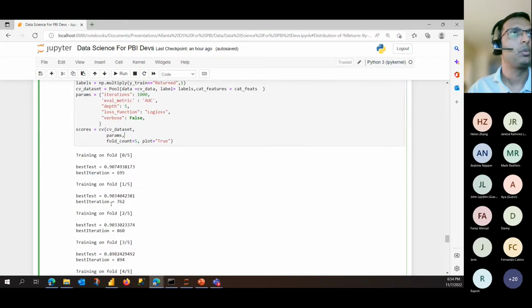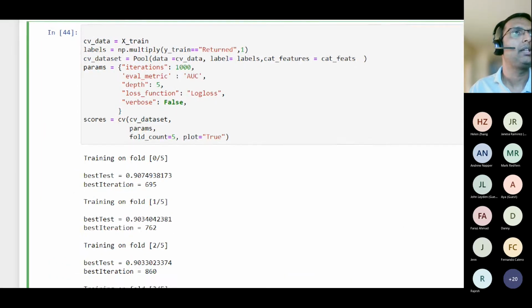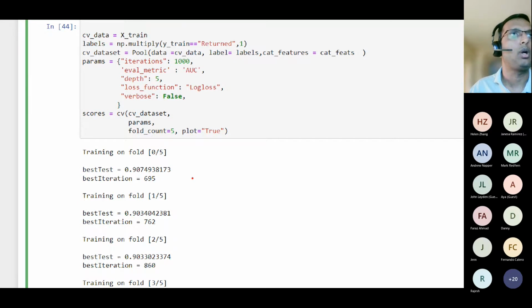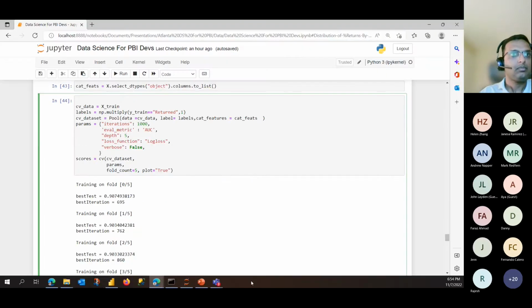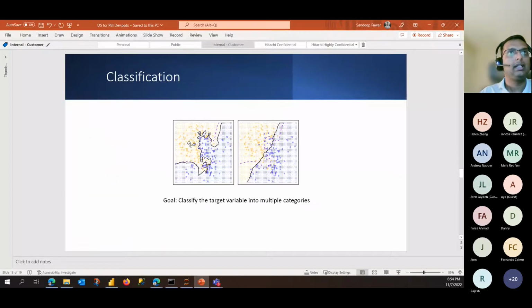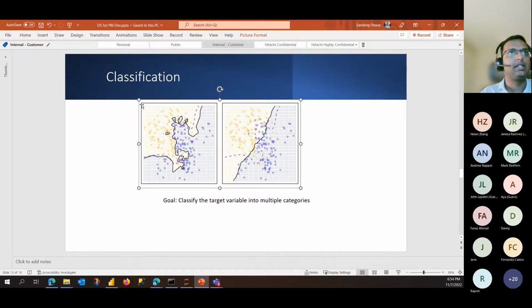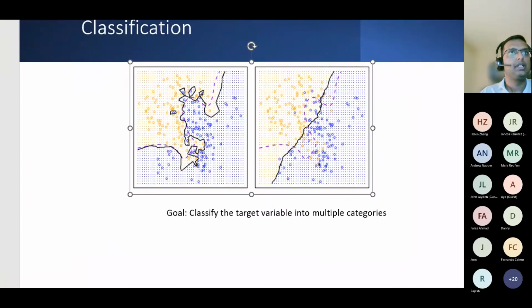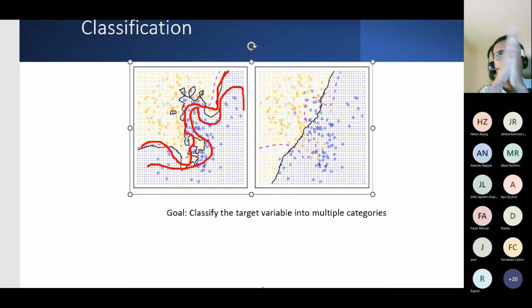So now in this case, if I create a classification algorithm on top of this, classification meaning if I have data distributed like this, and this is people who return the product, and these are the people who did not return the product, where does that boundary lie where I can definitely say these are the people who will return and these are the people who will not return?